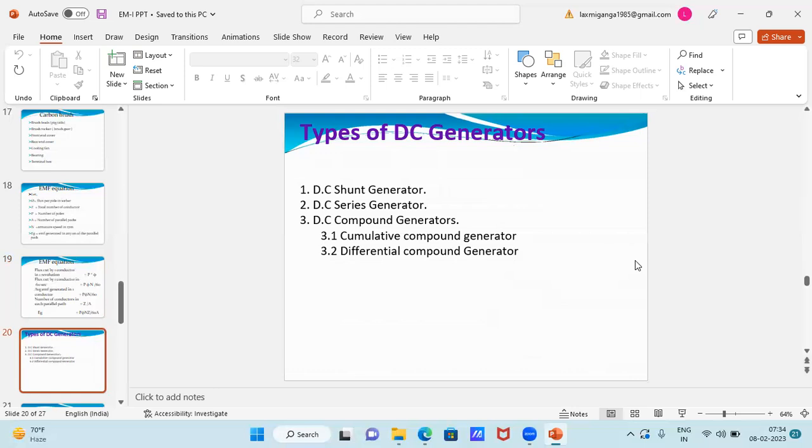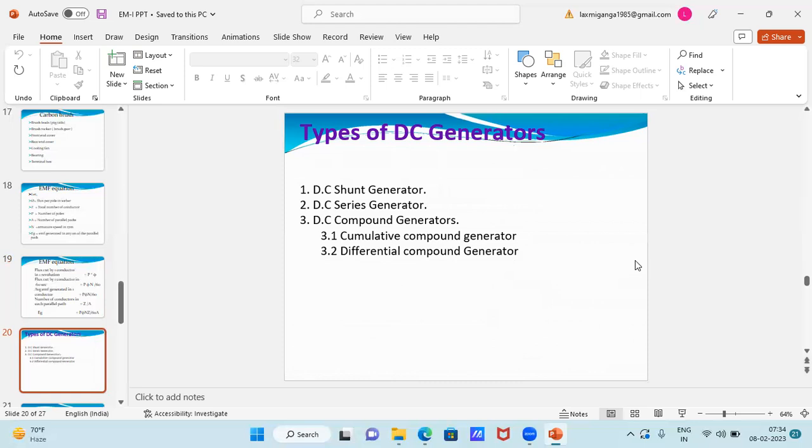Then we will move on to the types of DC generators. DC generators are broadly classified into separately excited generators and self-excited generators.